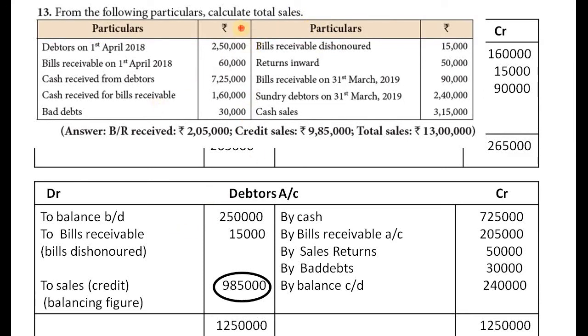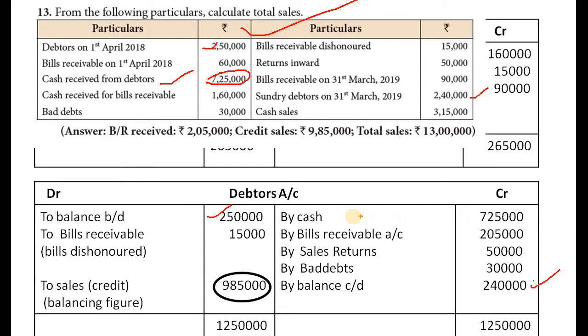Now we have the snapshot at the top. We are proceeding with the preparation of debtors account. Opening balance of debtors is 2,50,000, that is entered on the debit side. Closing balance of debtors is 2,40,000, that is entered on the credit side. Cash received from debtors 7,25,000, that will reduce the debtors amount.